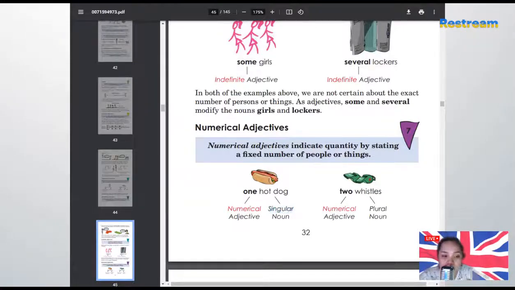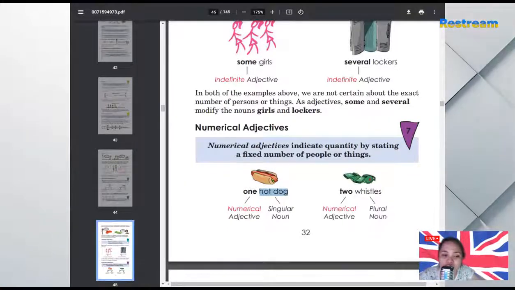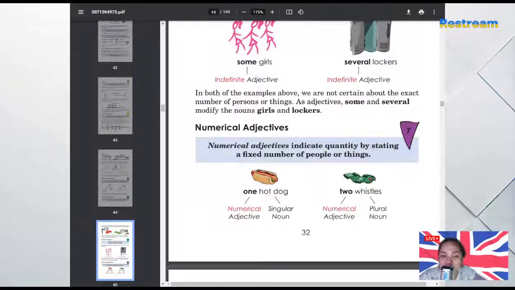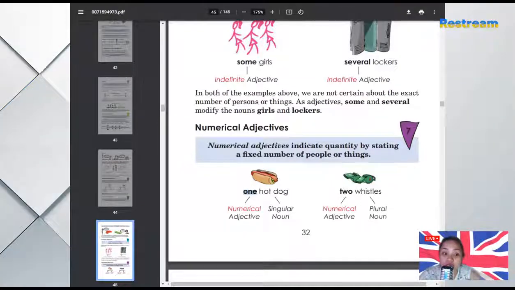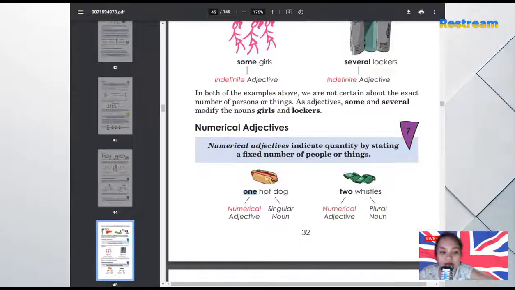One is describing the subject hot dog. It's like, how many hot dogs will I buy? You can buy one hot dog only. So one is our numerical or number adjective. These are given numbers, while hot dog is a common noun.